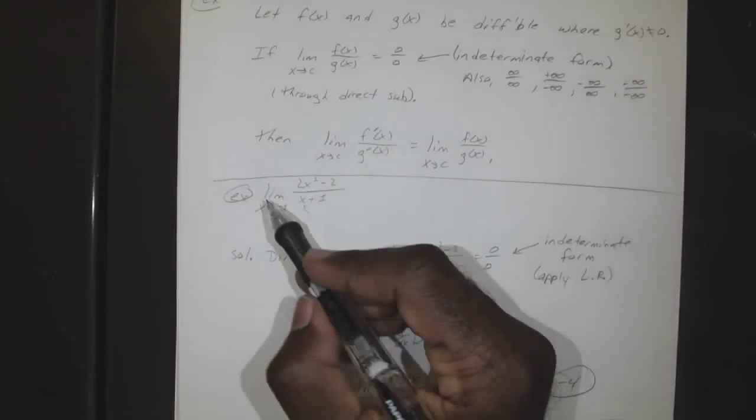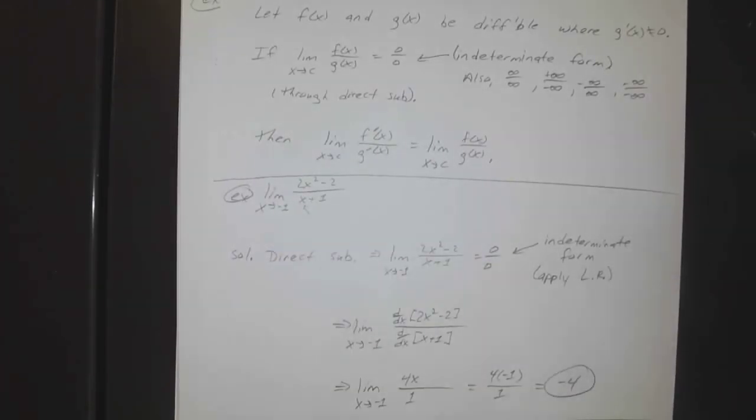If you remember, on the previous one it was x approaching -1, and we just happened to end up getting 0 over 0. If it was infinity, or -1 or some number, after the first derivative we would just plug it in.